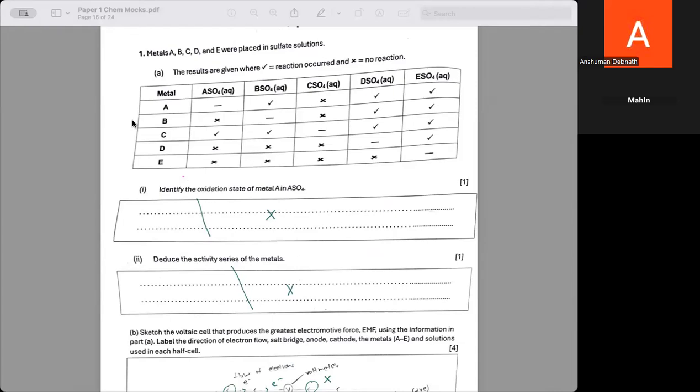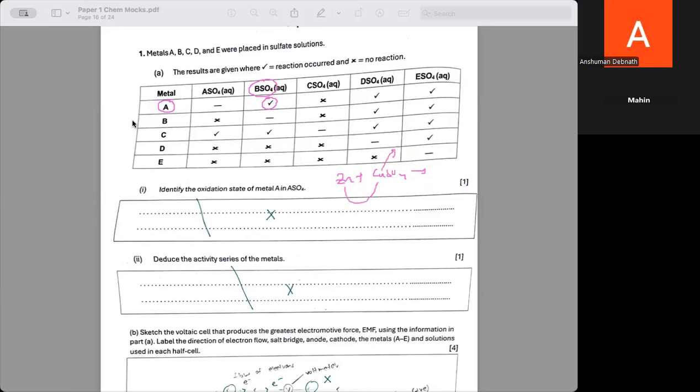So now tell me, a tick is given where a reaction occurred, and a cross where no reaction occurred. Metal A with this, reaction occurred. So which is more reactive, A or B? More reactive element displaces the less reactive elements from its compounds. So zinc will be displacing copper from copper sulfate, so zinc is more reactive.